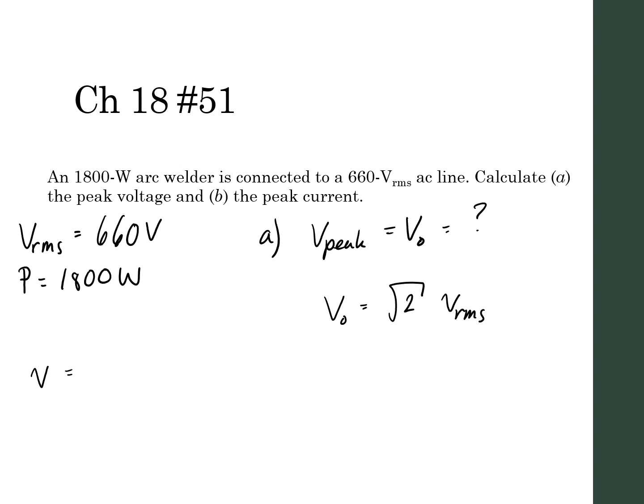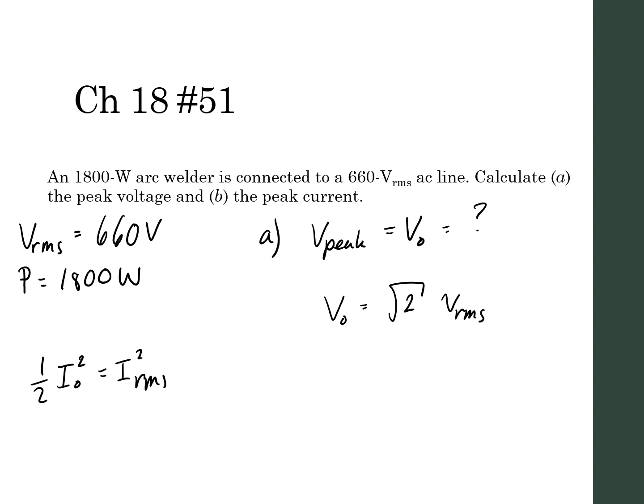Okay, so our original relationship that we were given: we had 1/2. Let's look at it for current. 1/2 our peak current squared was equal to our current RMS squared.